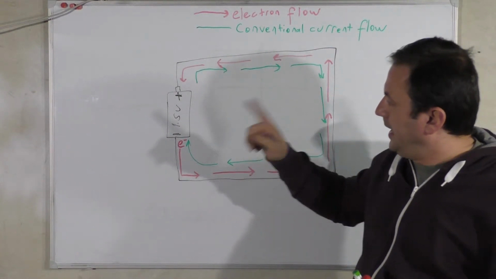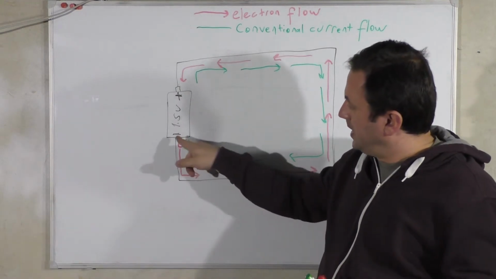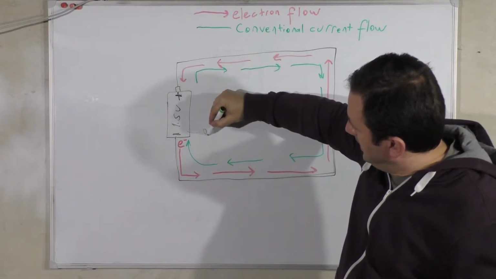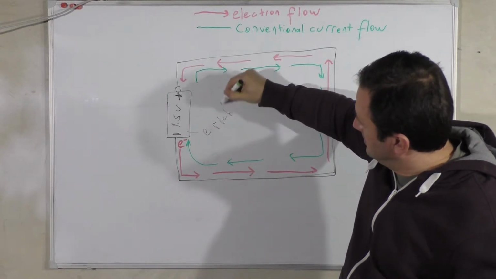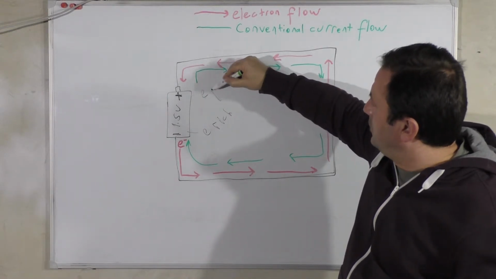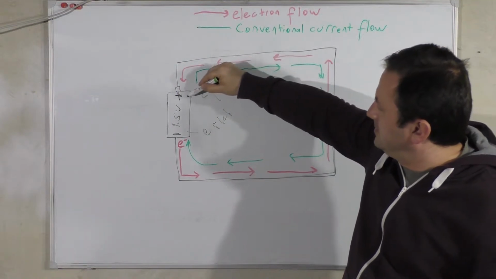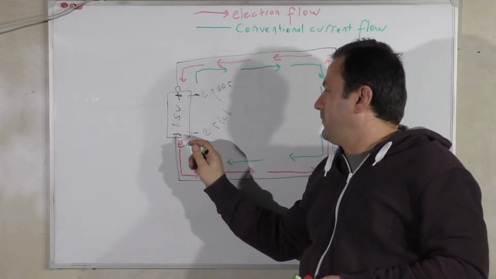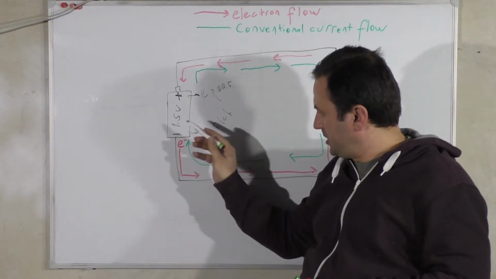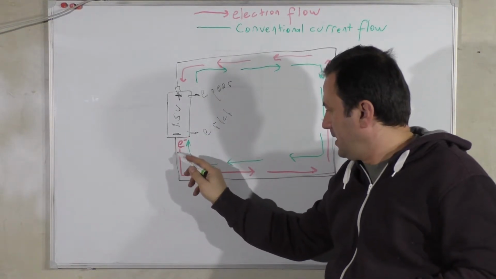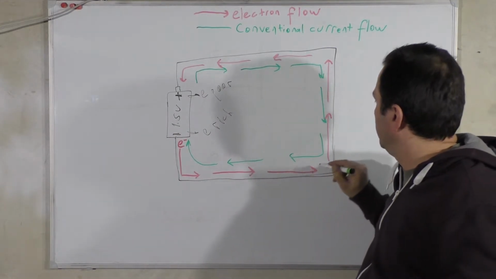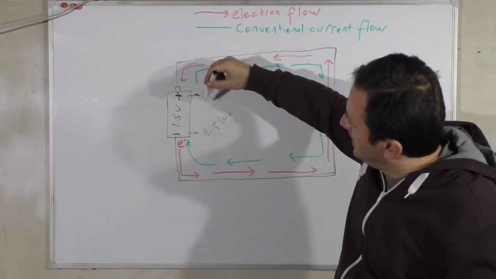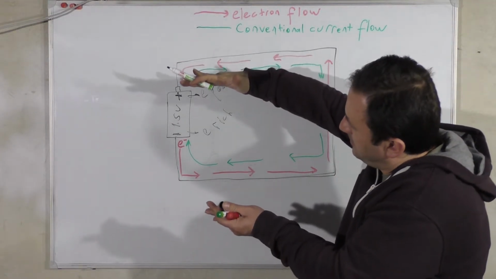The real electrons: here is the electron-rich region, here is the poor side. Electrons come from the rich side, pass through the wire, and come to the poor side, and they neutralize the battery.